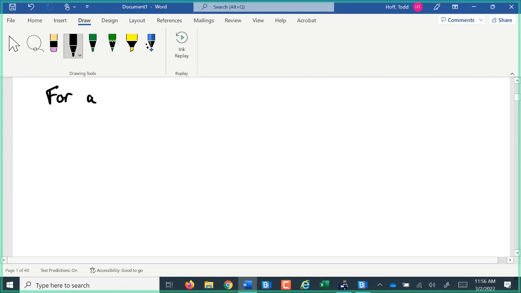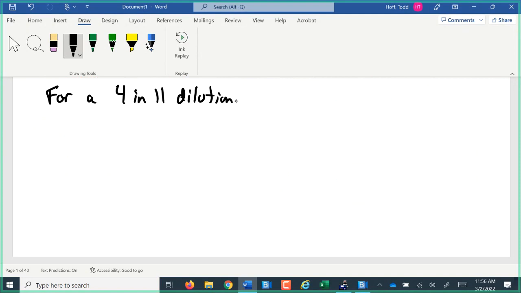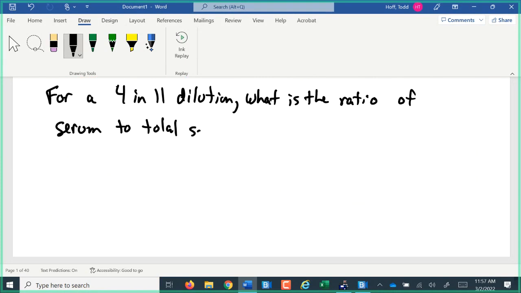For a 4 in 11 dilution, what is the ratio of serum to total solution? Give you a second to think about that.